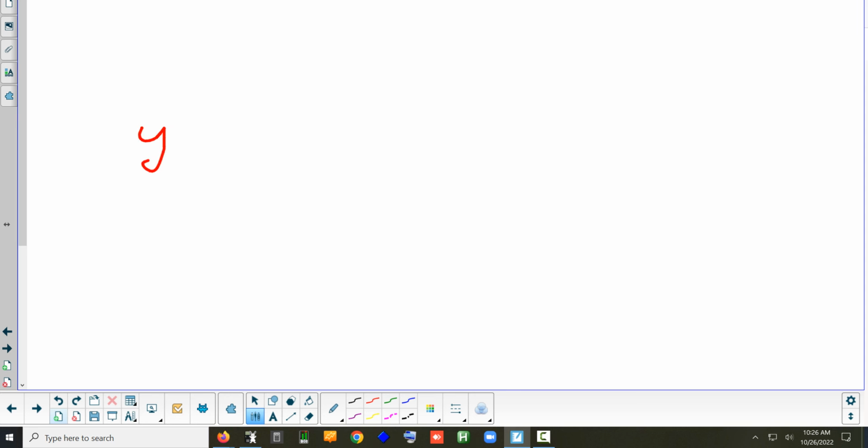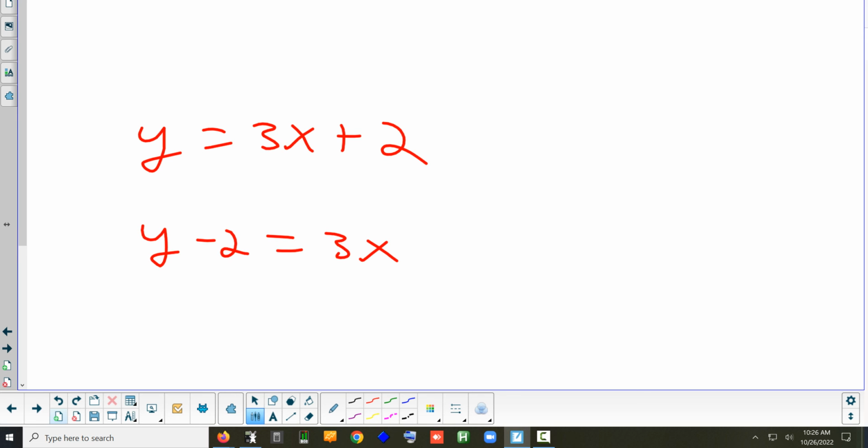Okay, so let me show you an example. That's a line. That is exactly y equals mx plus b. Now, how about if I did this? It's not y equals mx plus b, but could I do something that makes it look like y equals mx plus b?